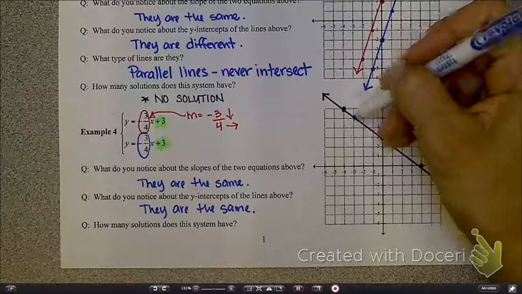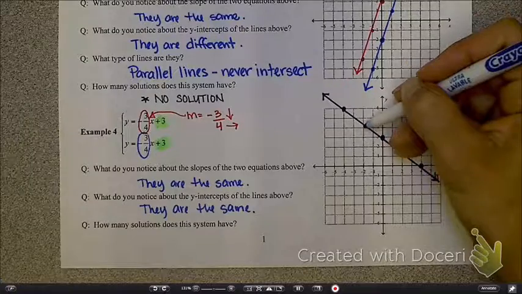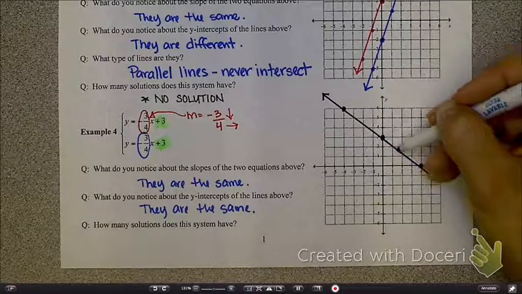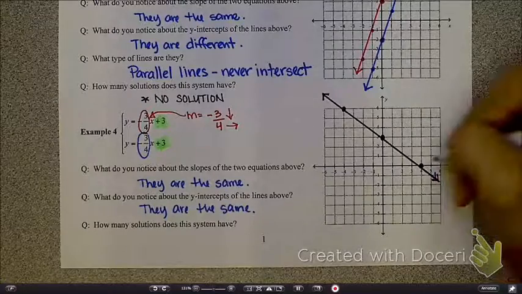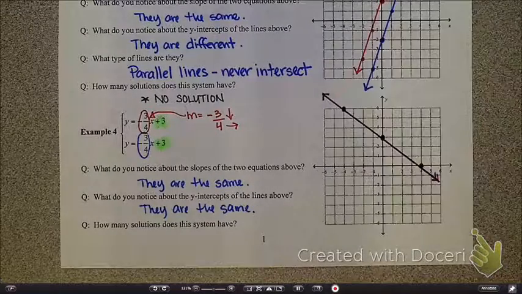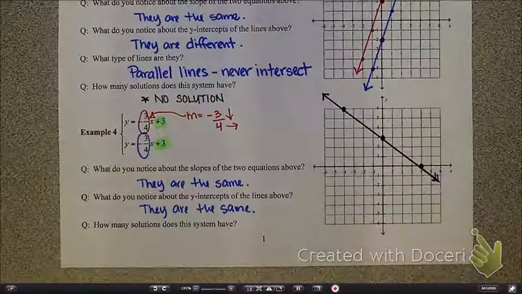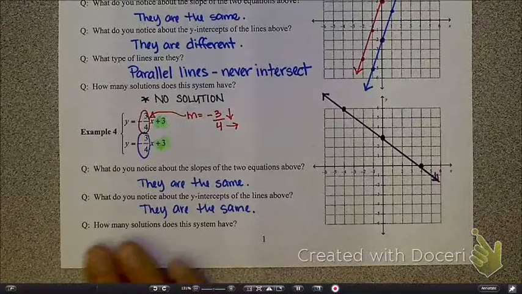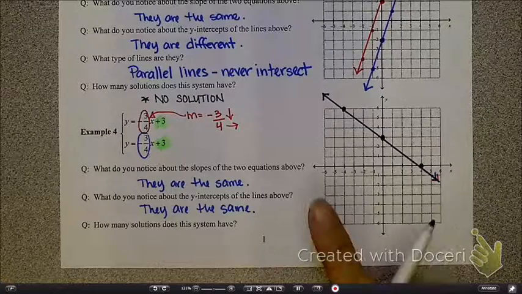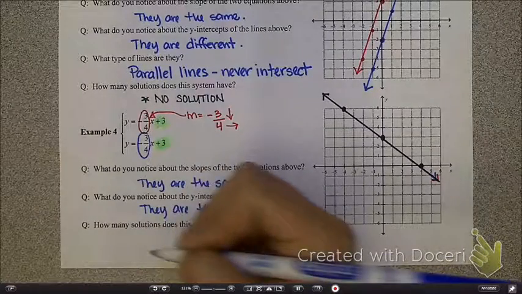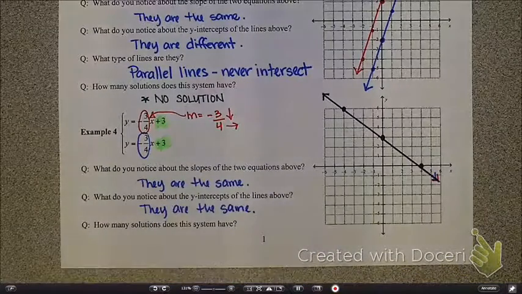They touch here, they touch here, they touch here, they touch here. I could keep drawing a bunch of tiny points and continue in this pattern forever because they're overlapping each other, right? So how many solutions does this system have? It doesn't just have one, it actually has infinitely many solutions.